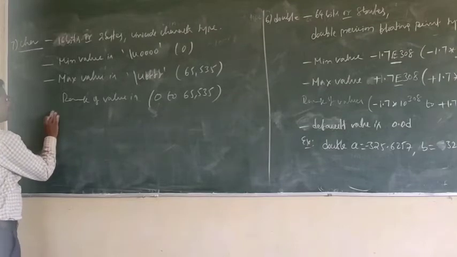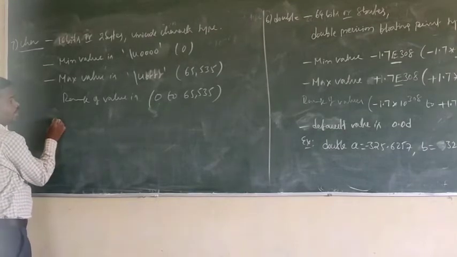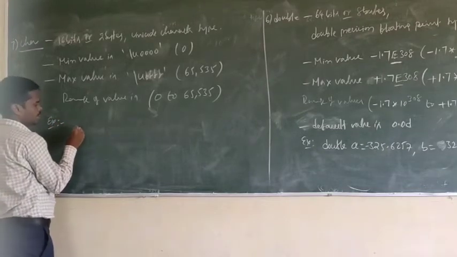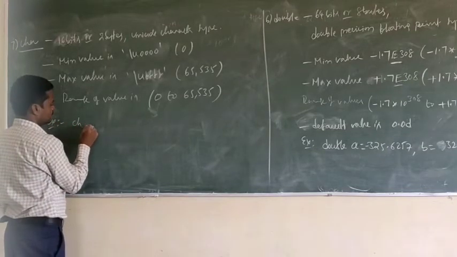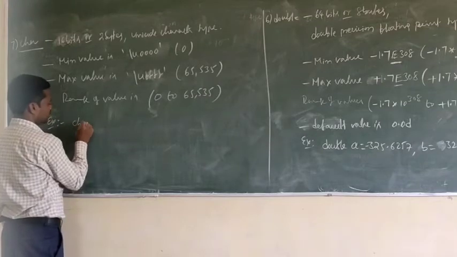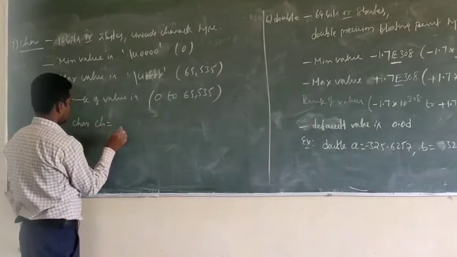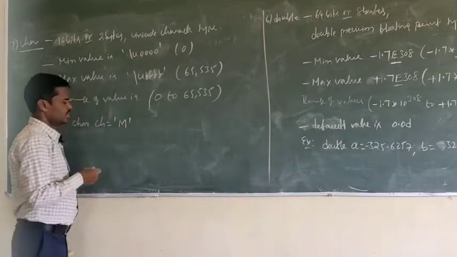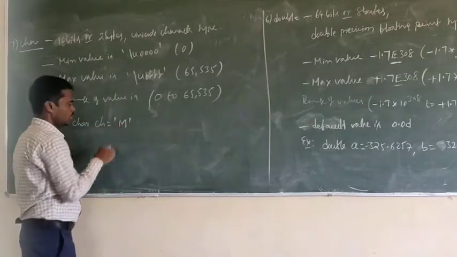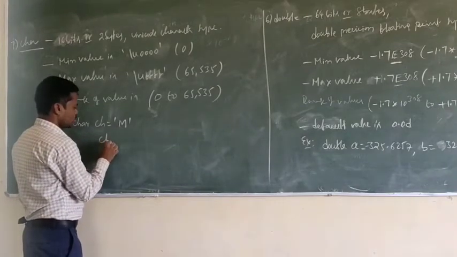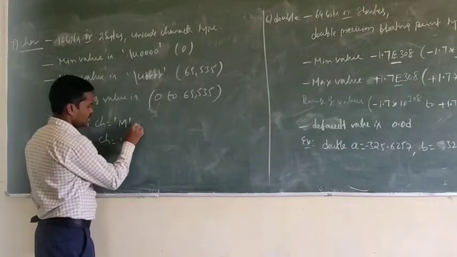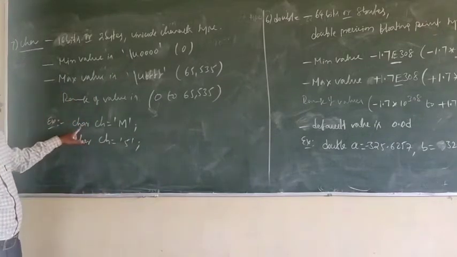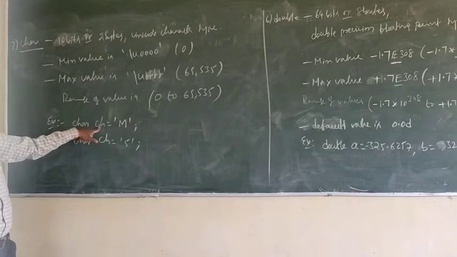And what is the example for character type? For example, if you give the character type example like this: char ch = 'm', like that, in single quotes, or ch = '5'. So here char is a data type, ch is a variable.